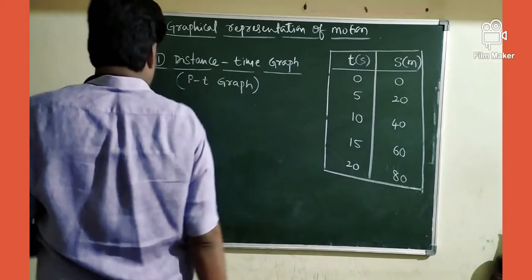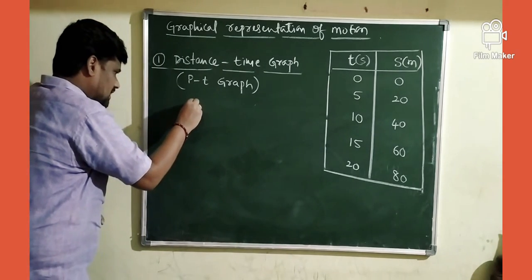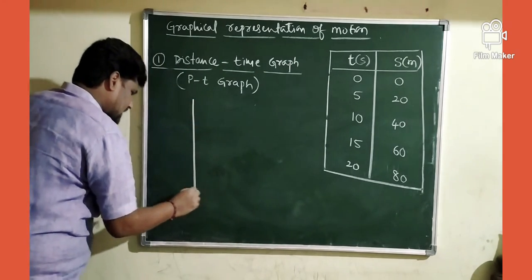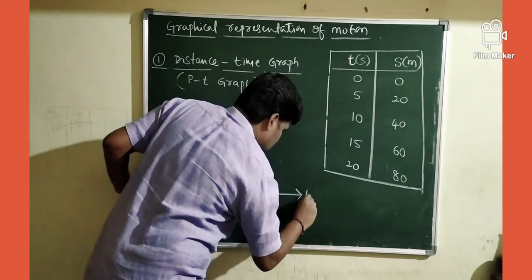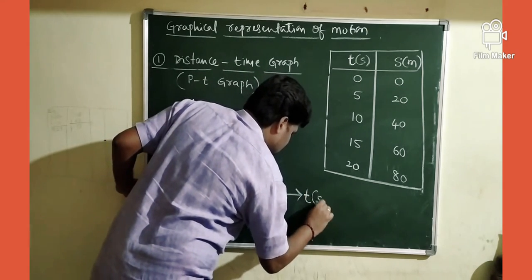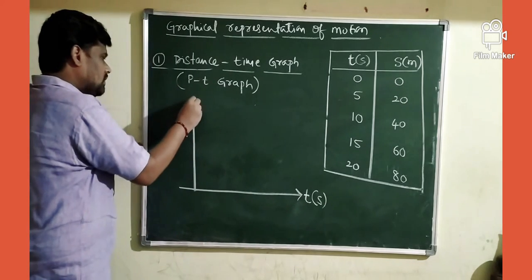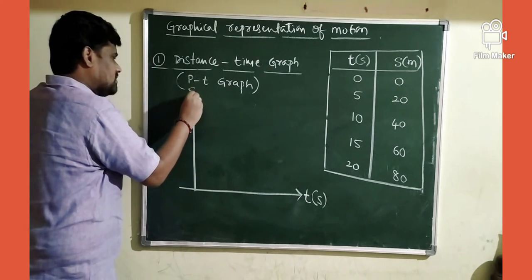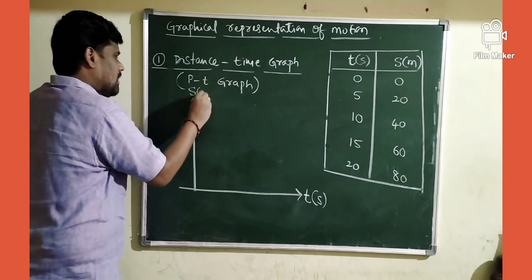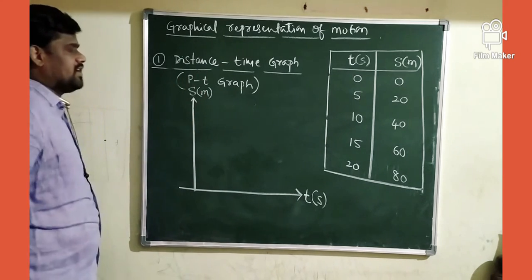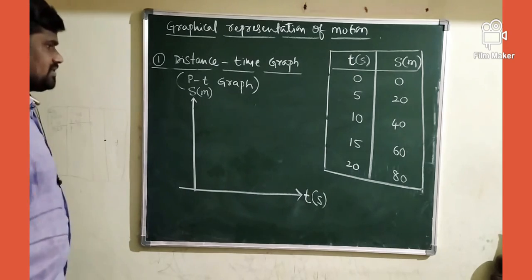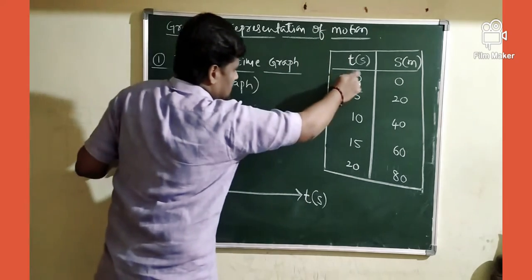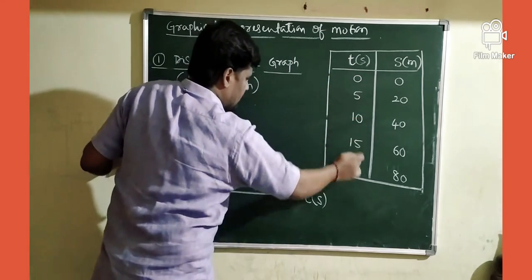I will plot the graph by taking time along the x-axis, measured in seconds. Next, I am taking the distance travelled by the body along the y-axis, in meters. Choose a proper scale here. Time changes from 0, 5, 10, 15, 20.